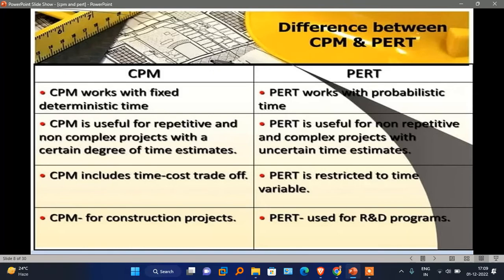In program evaluation and review technique, it is more with probabilistic time, and CPM works with fixed, deterministic time. PERT was initially developed for research projects, and CPM was developed for repetitive tasks.